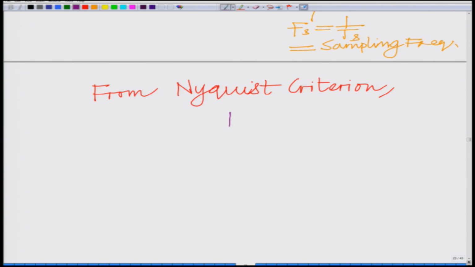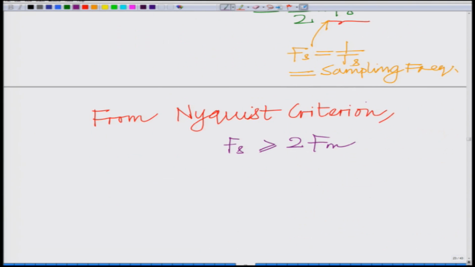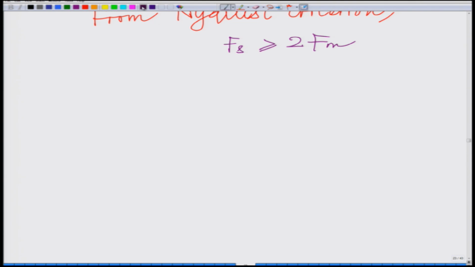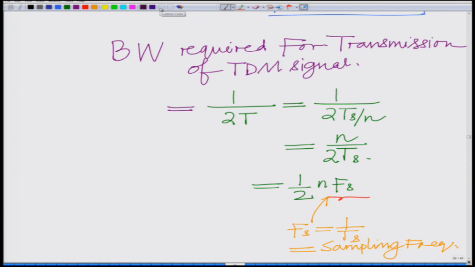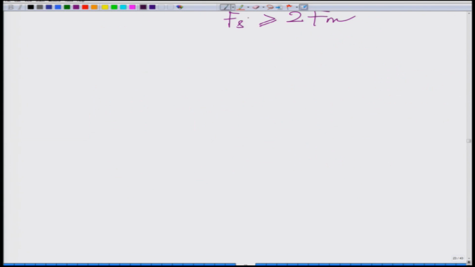Therefore, if we call the bandwidth required for transmission f of TDM, we need f of TDM equals half n into Fs, but Fs is greater than or equal to 2 Fm.